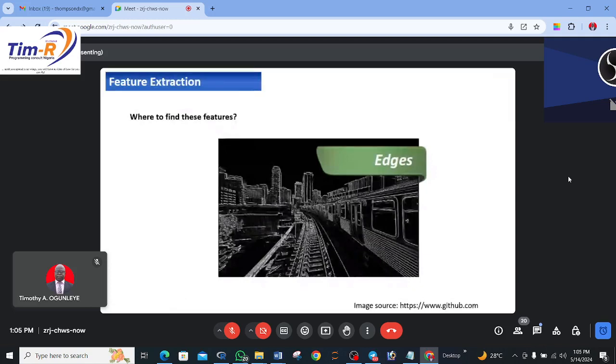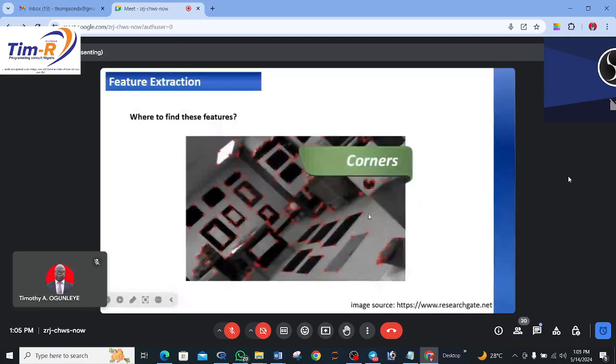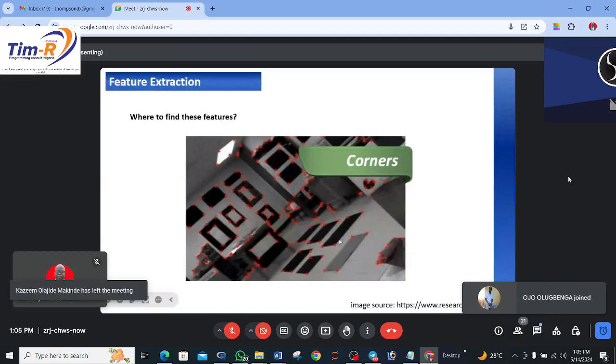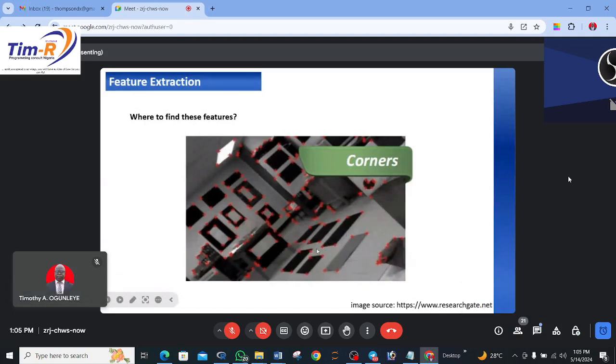And we also have corners. For example, if you look at this image, the corners are marked with the star. These are corners, these are corners, these are corners, as you can see. So there are a lot of corners in this image. These are features that can help us identify a lot of things in this image.